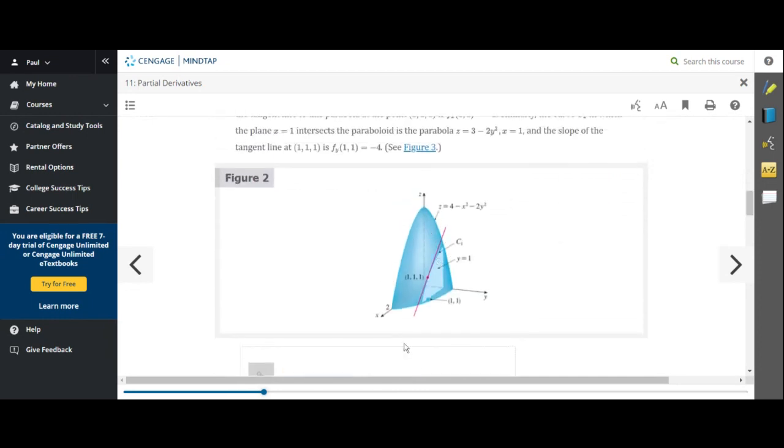The surface was z equals 4 minus x squared minus 2y squared, and there's the tangent line going through the point (1, 1, 1), because when x is 1 and y is 1, z equals 1. Is the slope of that red tangent line passing through that red point negative or positive?